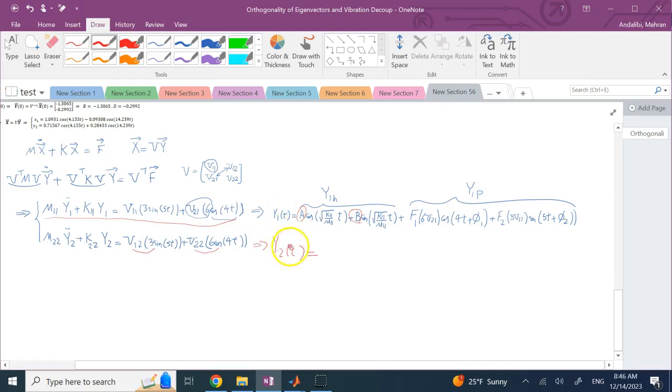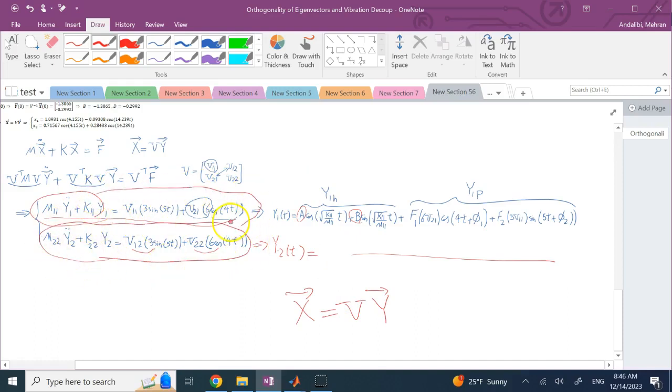So once you find y1 and y2 individually, then x is going to be V times y. So you see, instead of solving a 2 DOF system at the same time, you solve two separate 1 DOF systems, which you can easily do from your knowledge of vibrations of single DOF systems.